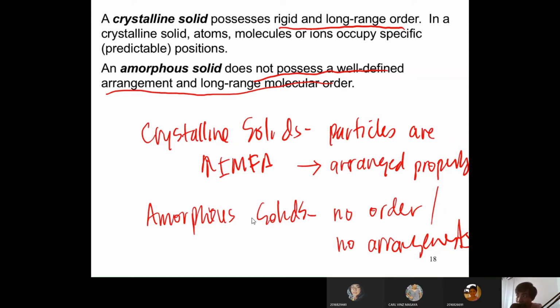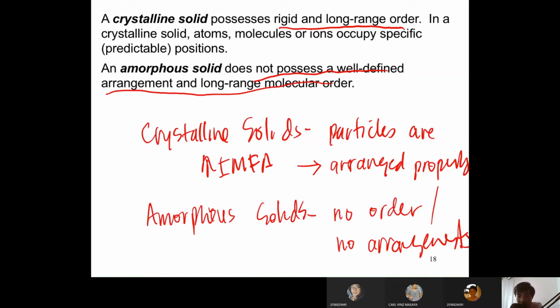Another example ng amorphous solid would be yung baby powder, yung talc, yung nasa makeup ng babae. Ano pa ba? Yung glass sa bintana natin, 'di ba? Isang hampas mo lang diyan, crack agad. Compare mo 'yan sa relo.